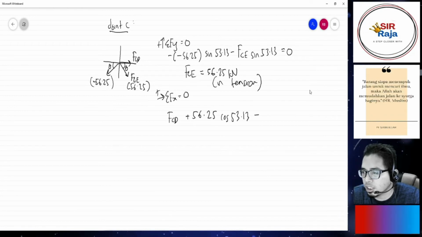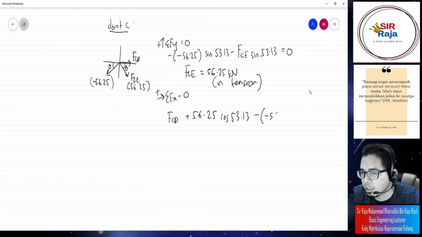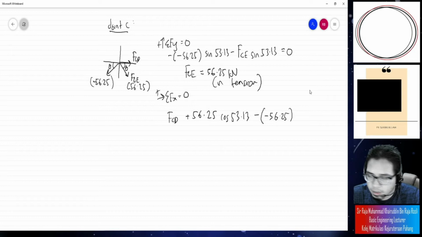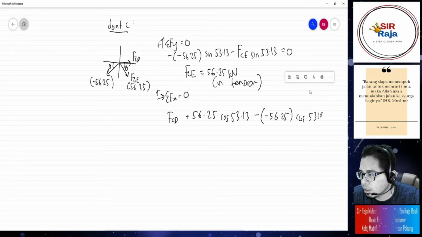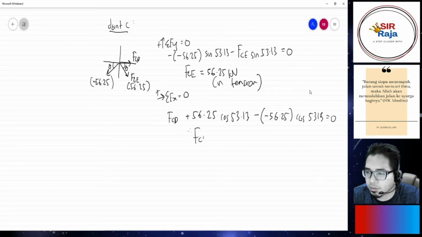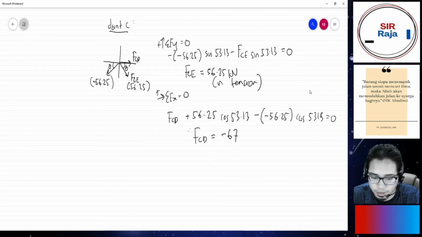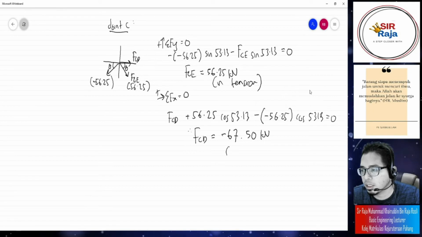You don't have to change anything, just give the value. If the value is negative, just put down the negative. 56.25 cos 53.13 as well, and this is equal to 0. Therefore our FCD will be, if you check with your calculator, negative 67.50 kilonewton, and therefore this is in compression.